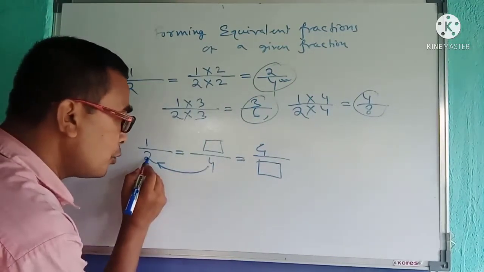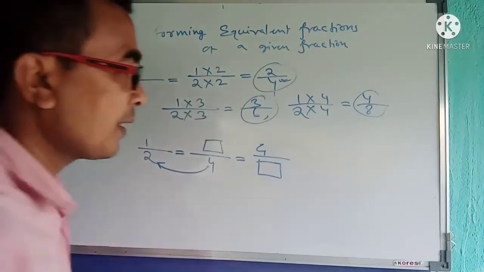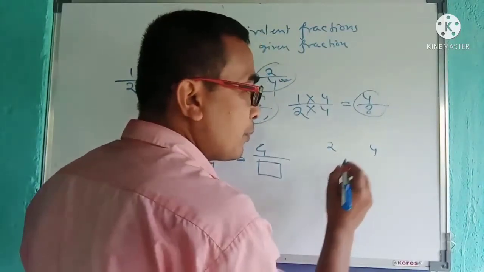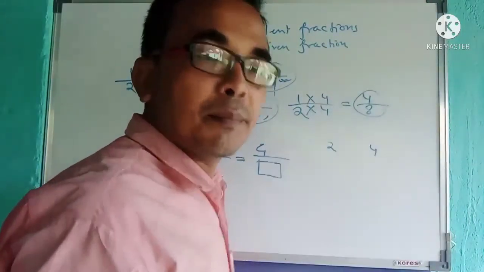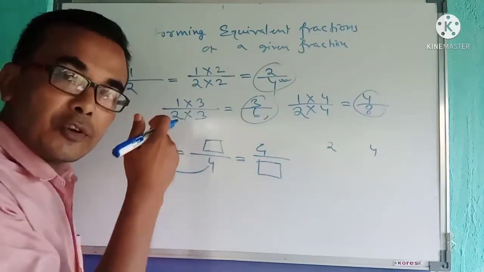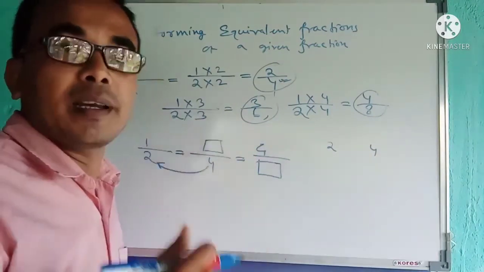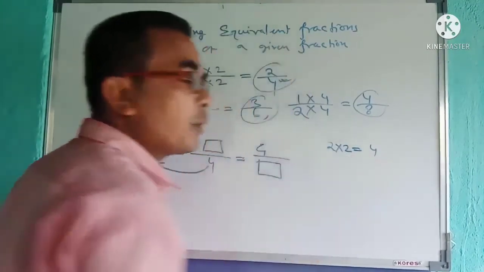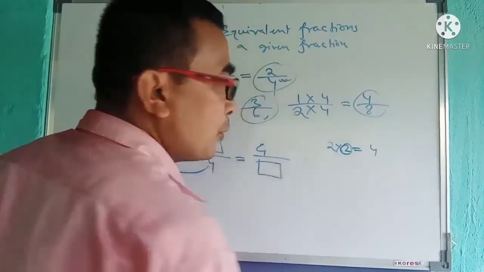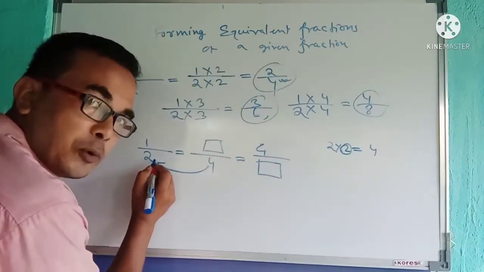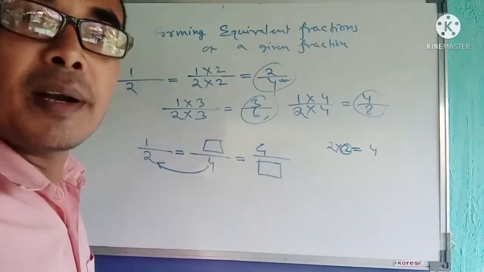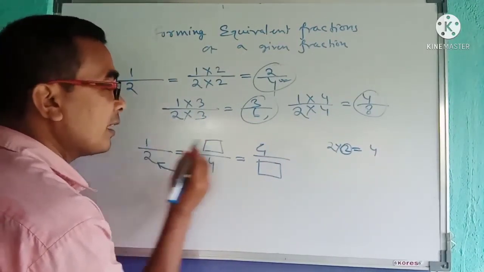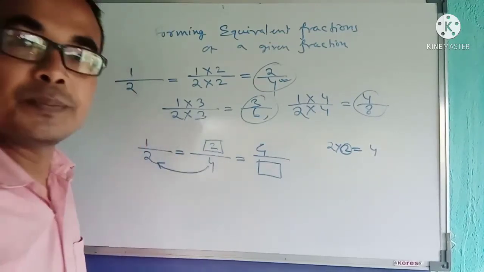So from 2 it becomes 4. In the equivalent rule we have to multiply or divide, so basically 2 has been multiplied by 2 to get 4. So this 2 has been multiplied with the denominator, so definitely that has to be multiplied with the numerator too. If you multiply 2 with the numerator, 2 ones are 2, your first result comes 2.